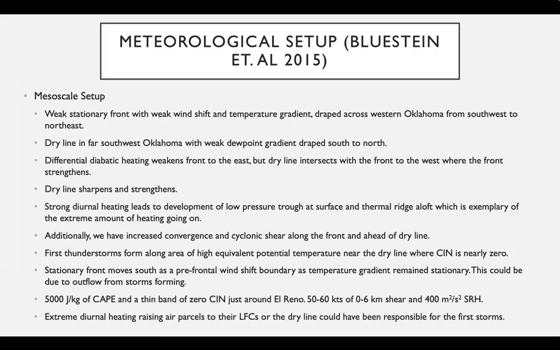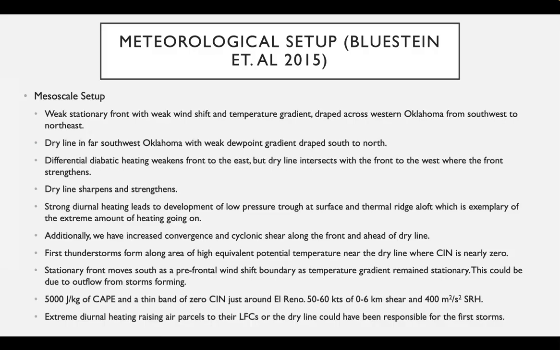The dry line kind of joins together with the cold front and strengthens it because it connects to it on the southern end of the front and warms it on the eastern side, so there's a stronger temperature gradient on either side of the front.